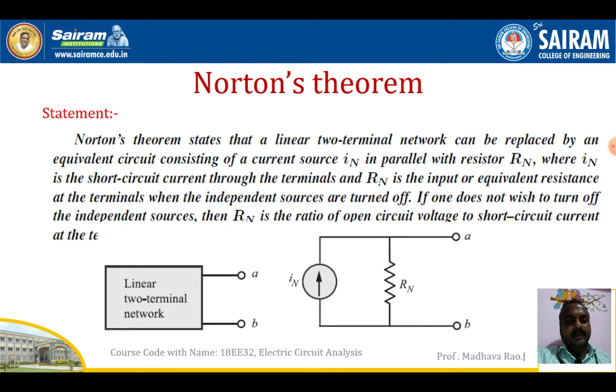A current source always has a parallel resistance, and a voltage source always has a series resistance. If you remember these two things, you can explain the statements of Thevenin's theorem and Norton's theorem.